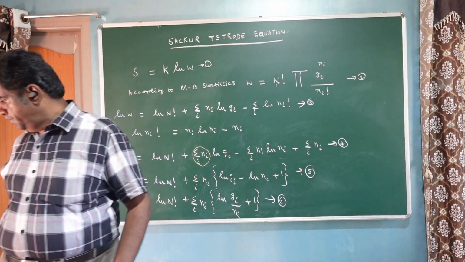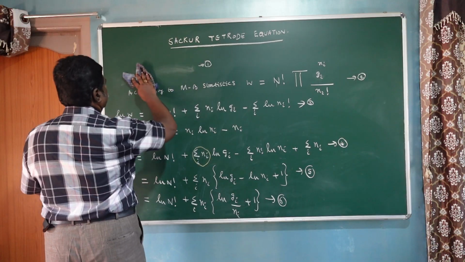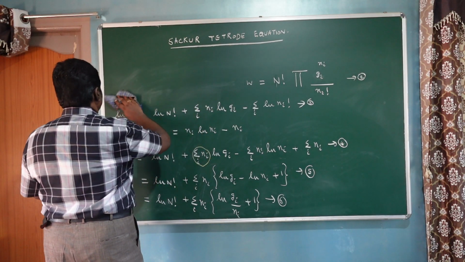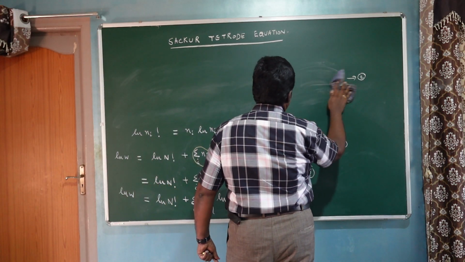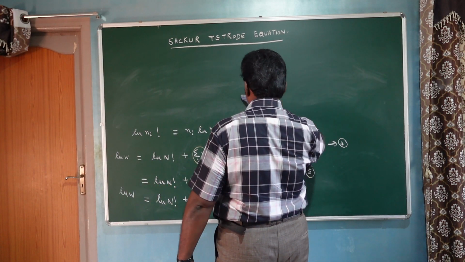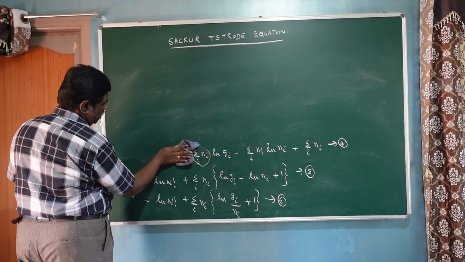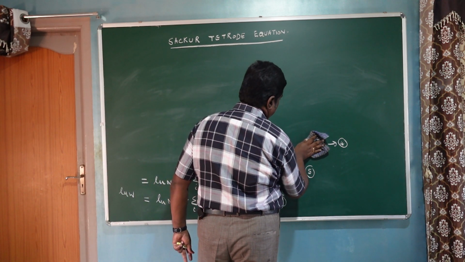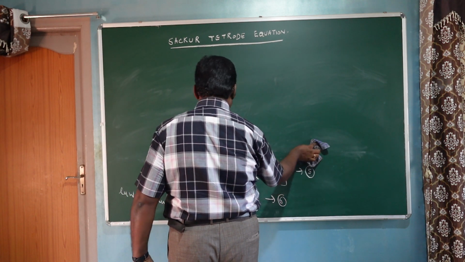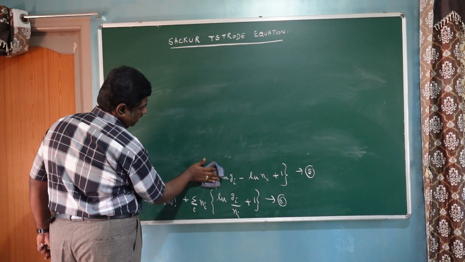Now we have to go further. For that, we should consider our MB distribution. The number of particles occupying a particular state is given by the formula Ni equal to Gi e power minus (alpha plus beta Ei).